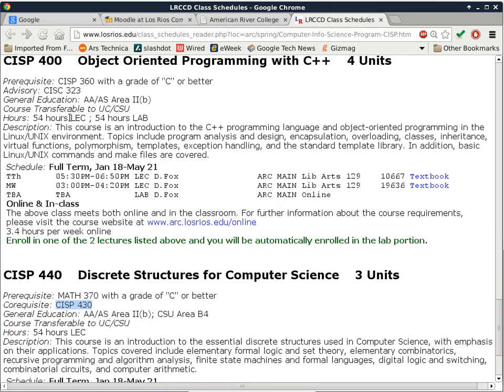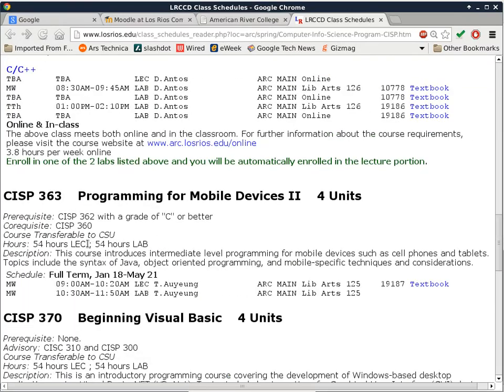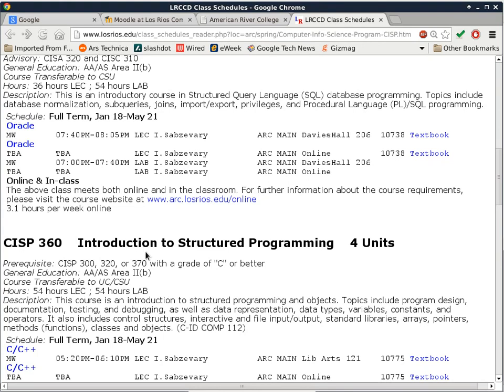Can you do that same thing with the 310 and 400? 310 is on its own. As soon as you have taken CISP 360, you can take 310 anytime you want. And the same thing for 400. So those two are independent. You can take one first and then take the other one later. Next semester is interesting because there will be a lot of people taking 400 and 310 in the same semester.